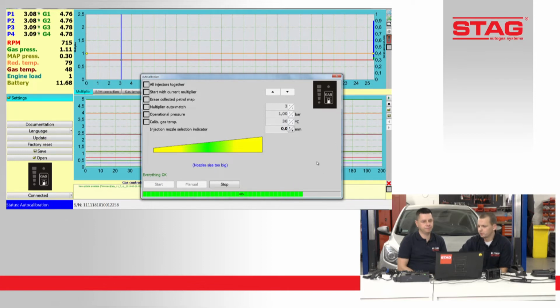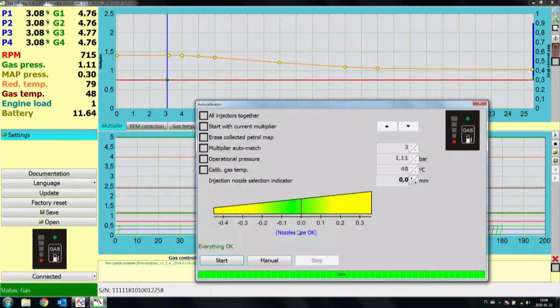There is also information about the nozzle size. The controller will calculate and give you information about the nozzle size, and here you see that the nozzle size is okay. And before you close the window, Maciek, just look at the parameter system: the working pressure during the auto calibration and the value of the gas temperature during the auto calibration.